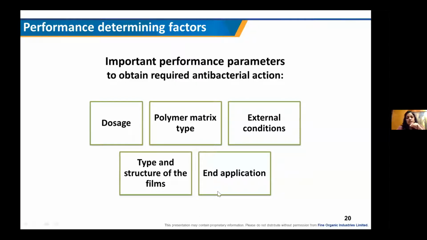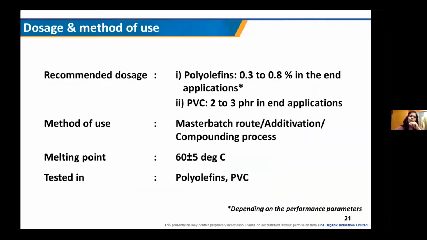End application is, I would say, the key factor because that helps us to speculate the dosage level. So overall, each component here plays a very important role in order to ensure that there is an optimum amount of additive present in the end application and we get the maximum benefit of the product.